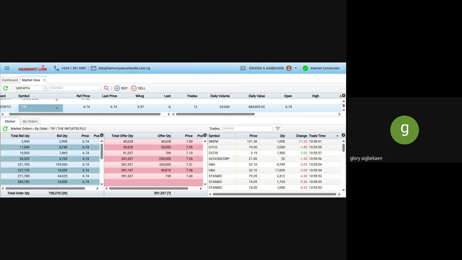Now, the return on assets is 20%. Return on equity, they are doing 11%. Their current ratio, which compares current assets to current liabilities, is 1.55, so their current assets surpass their current liabilities.